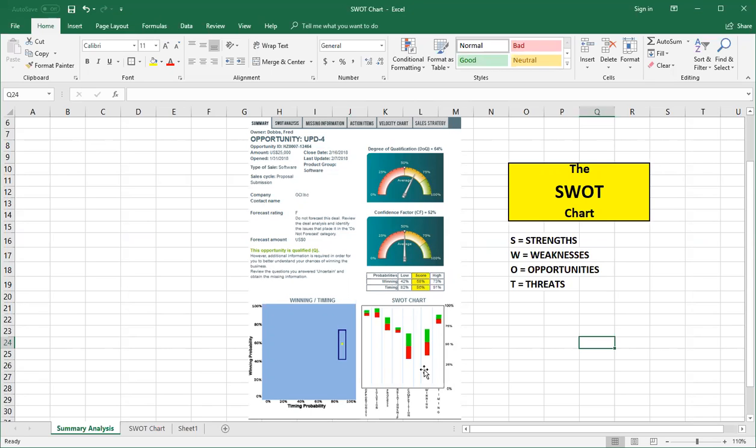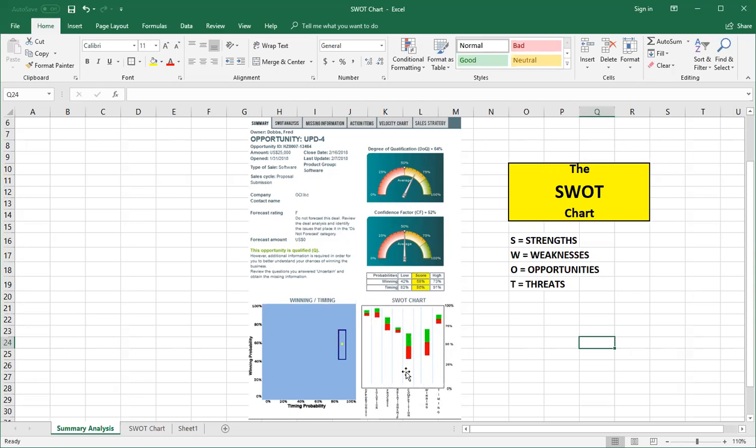In this video, I'm not going to talk about how to interpret the SWOT analysis. What I'm going to talk about is how it works, the mechanics of the SWOT analysis. For instance, why is this particular bar so short and at the top versus this one here, which is in the middle and is much longer?